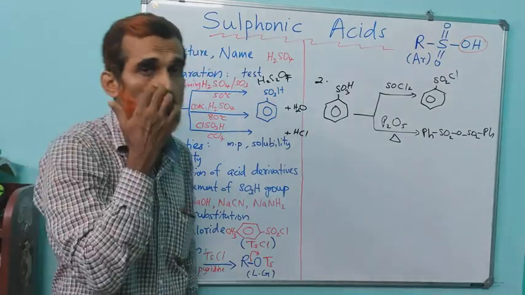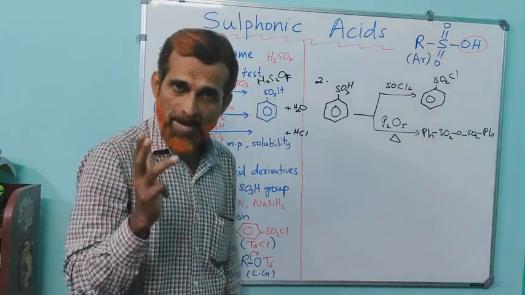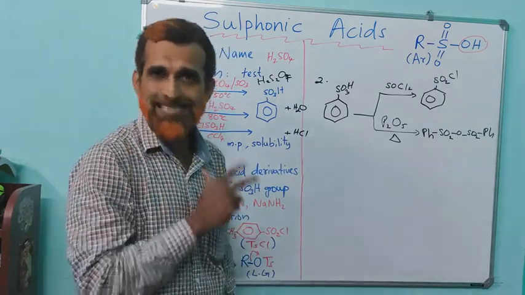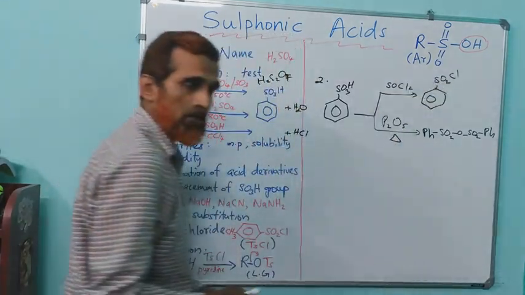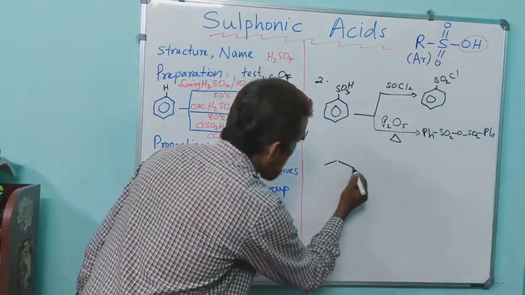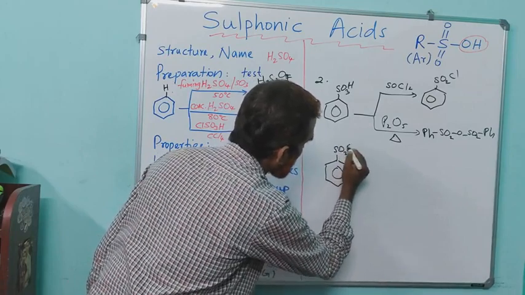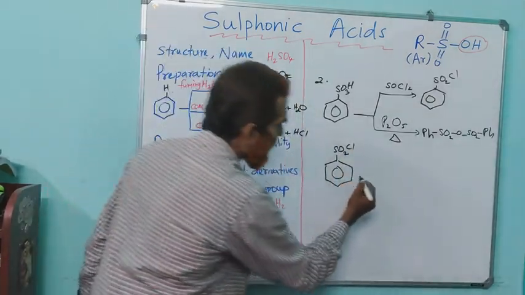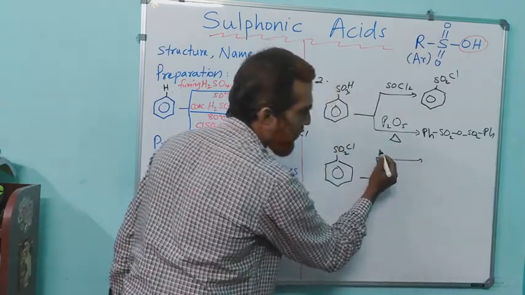But the other 2 derivatives which are left out, amide and ester, are prepared better from the corresponding chloride. So we take benzene sulfonyl chloride, which is more reactive, as you know. To convert it into ester, it is treated with an alcohol.